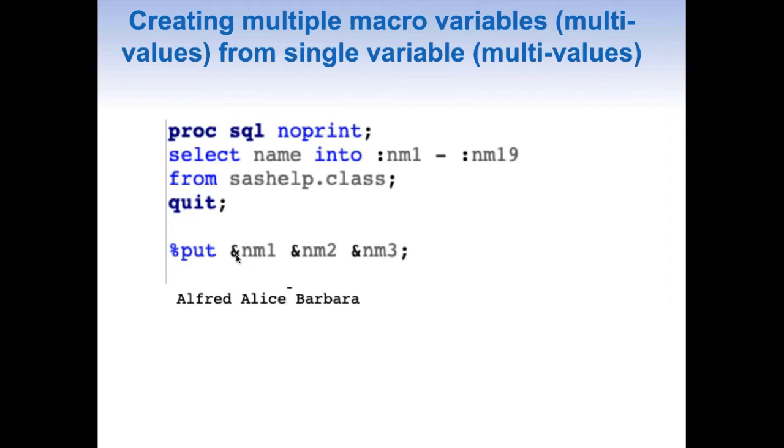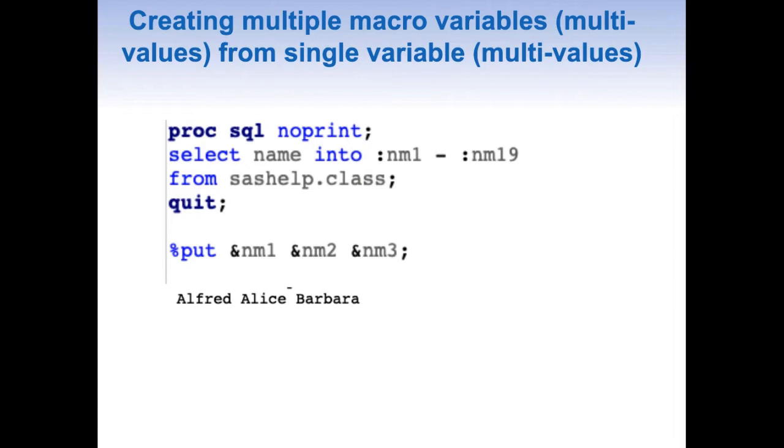We have ampersand nm in front of all the values, but the numbers 1, 2, 3 are increasing, up to 19. So what we can do is keep this ampersand nm constant, and pass the 1, 2, 3 as macro variables. Now let us see how we can do that.